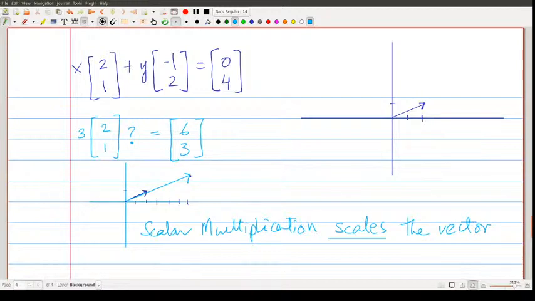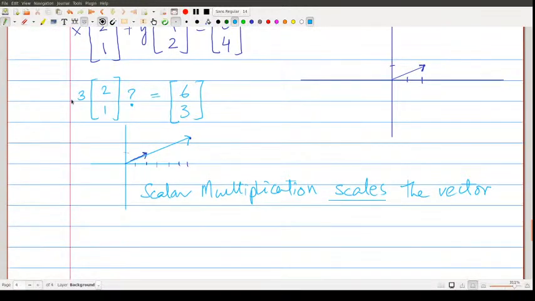Now, of course, if I multiplied by -3, it would have become -6 and -3, which means it would have pointed in the negative direction. So it would have been something like this. If you take all the scalar multiples of a vector, they give you a line.